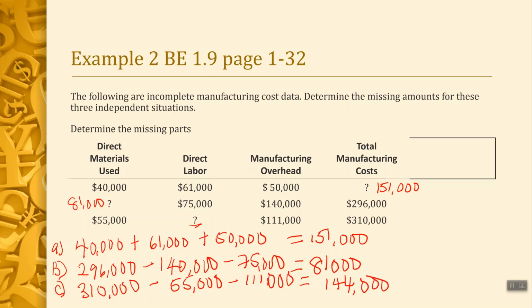Okay, so that means our direct labor is 144,123, so 144,000. Okay, if you have questions, please let me know. We're going to move over to the next learning objective, and I hope to see you there.